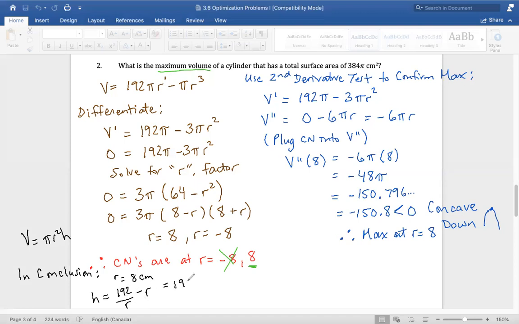So 192 divided by 8, subtract 8. Does 192 divide by 8 nicely? You get 24 minus 8. So I get a value of 16 centimeters for the height. Now I can figure out what the volume is.